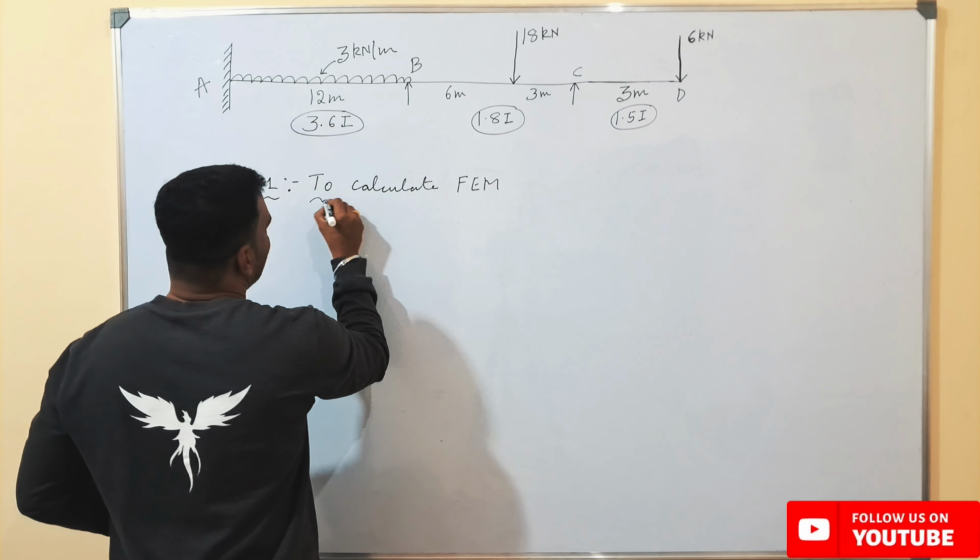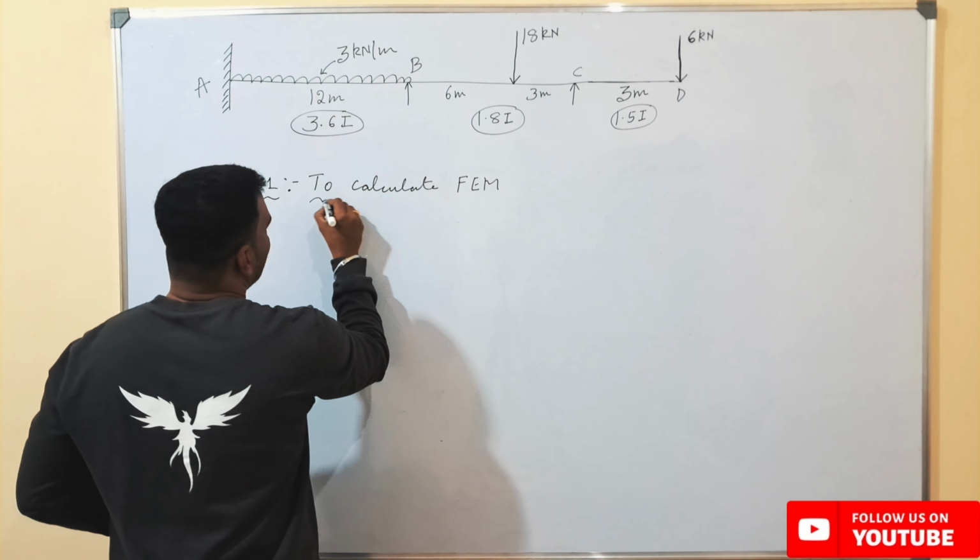Same way for span BC, the fixed moment from B to C, since it is carrying an eccentric loading at a distance of 6 meters from point B, the formula is minus W A B square upon L square.